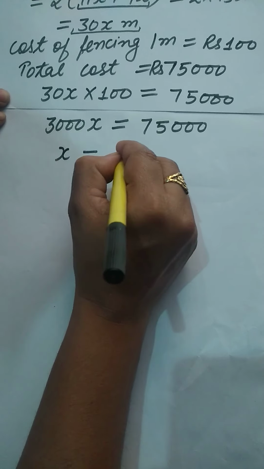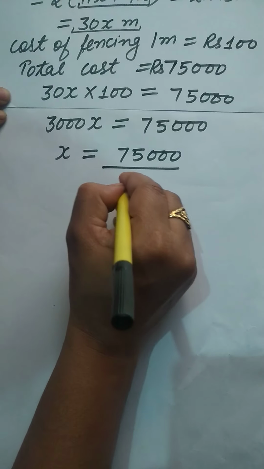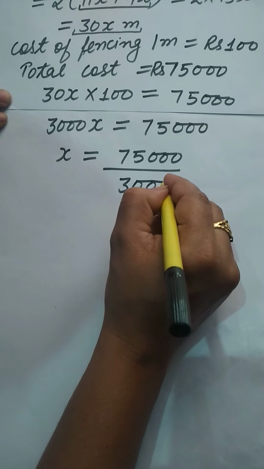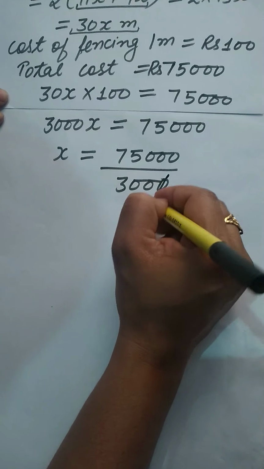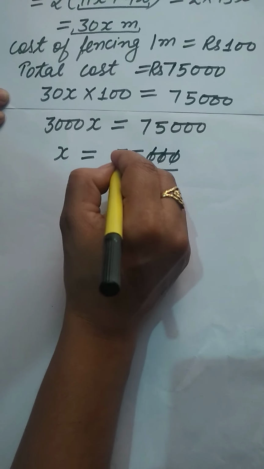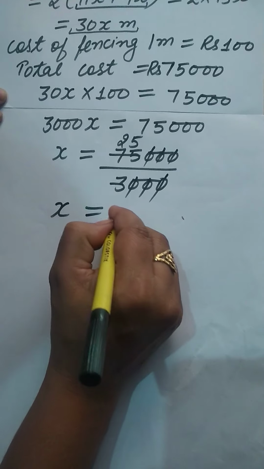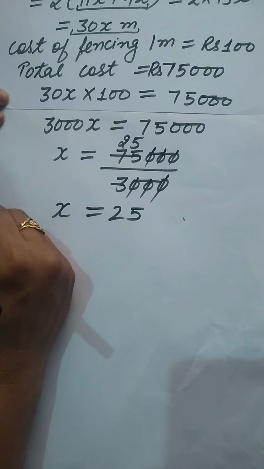That is, x is equal to 75,000 divided by 3000. Now do the simplifications. Cancel the zeros. 3 twenty-fives are 75. So the value of x is 25.